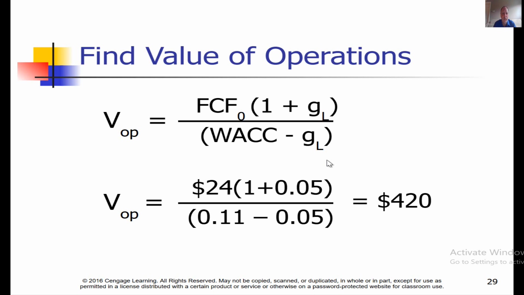Let's find the value of operations. The value of operations is going to be the free cash flow in year 0 of 24 million times 1 plus the 5% long-term growth rate, or 1.05, over WACC minus the long-term growth rate, or 0.11 minus 0.05, which is 0.06. And this gives us the value of operations as $420 million.